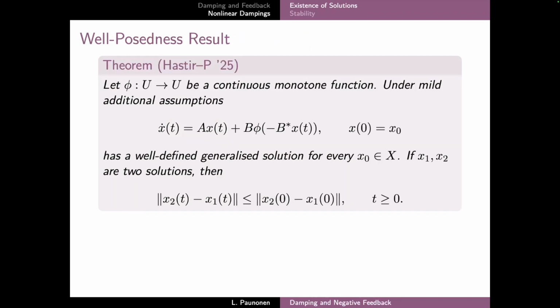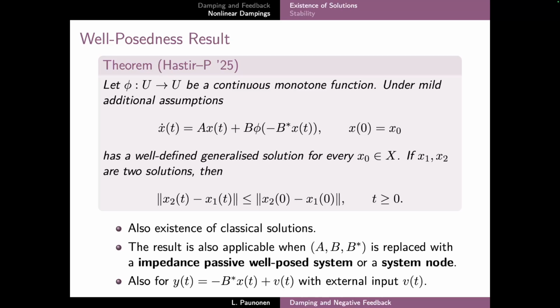And my first main result concerns the existence of solutions. And simply put, under mild additional assumptions on top of phi being a continuous and monotone function, our equation does have well-defined generalized solutions for all initial states. And in addition, the system is contractive in the sense that two solutions may come closer to each other over time, but they may never diverge.